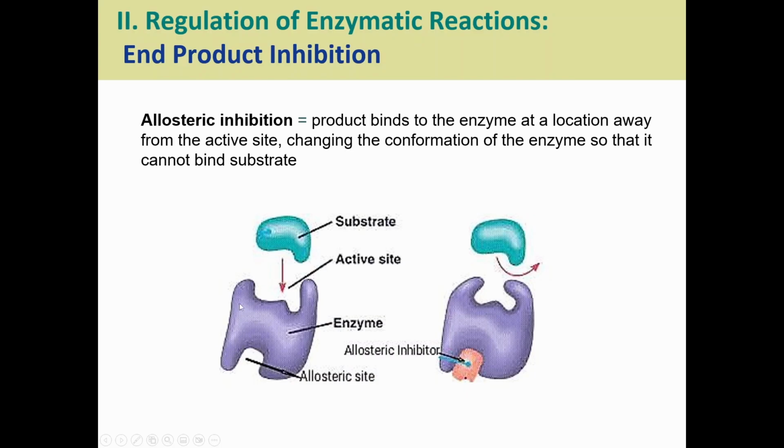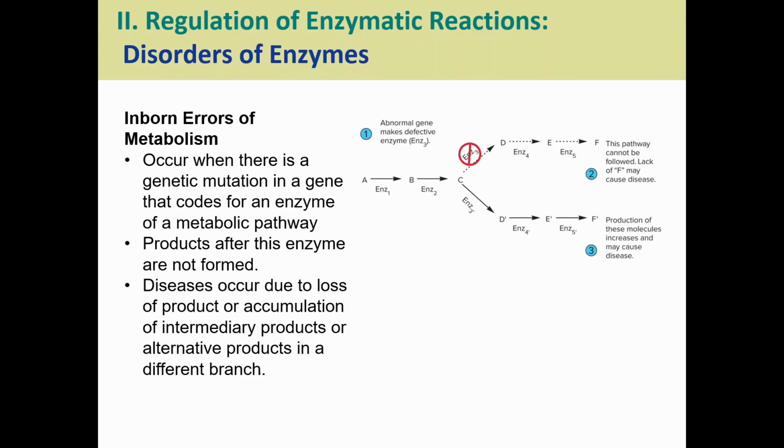And if we pay attention to this active site up here, when the allosteric site is empty, we have the nice open active site. It's usable. Everything's great. But when our inhibitor binds, look what happened to the active site. It's pinched itself off. It's changed shape in such a way that our substrate can no longer fit. So it's another way to turn something off. And then when the inhibitor leaves, we can turn back on again. So it's just another way to turn things on and off.